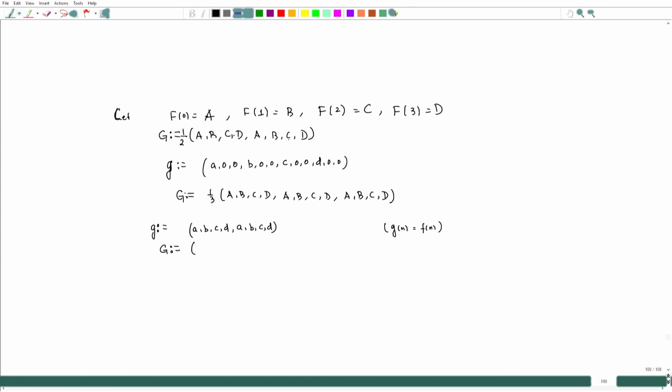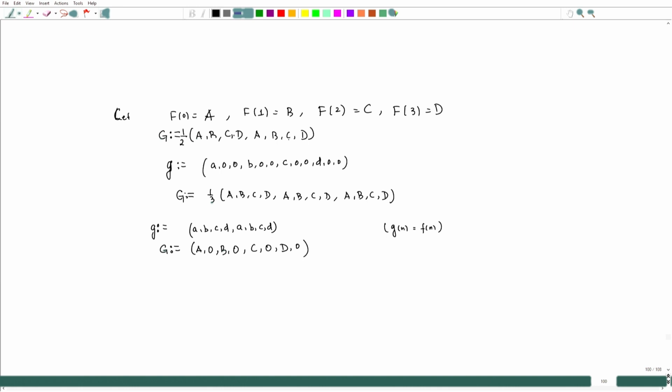So, the first one is a, then the next is 0, because it is not divisible by 3. So, now this is going to be b 0, c, here m is 2, so 0 and d 0.